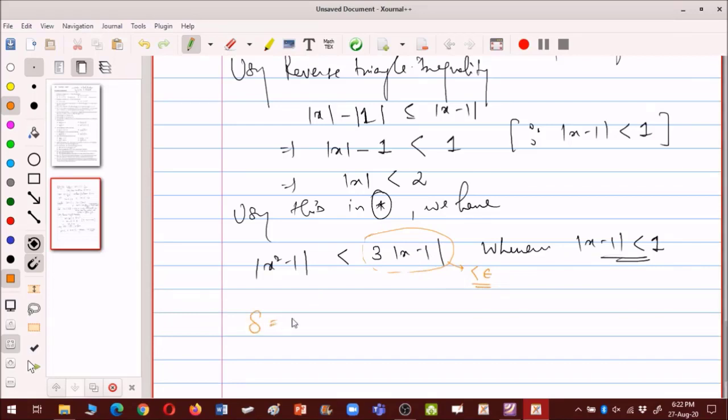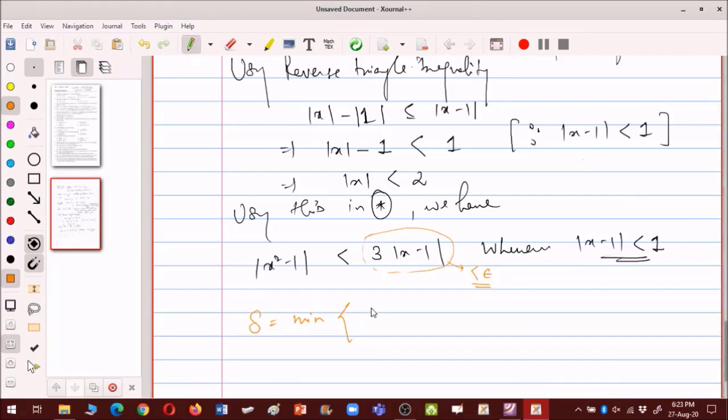So I will take delta equal to the minimum of... we generally, when we express |f(x) - L| to be less than or equal to k times |x - c|, then we take delta equal to epsilon by k. So what delta should we take?